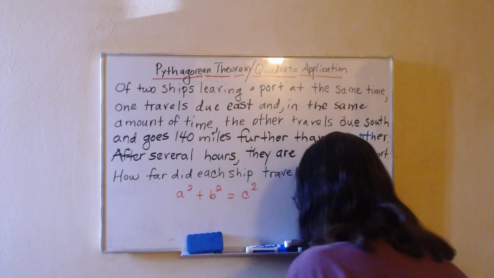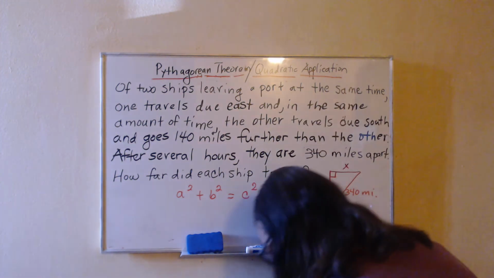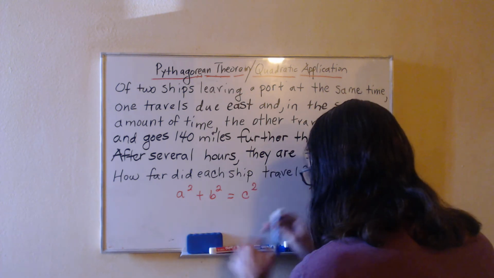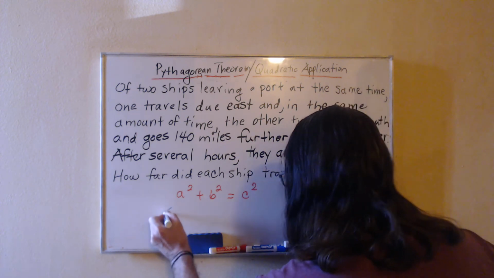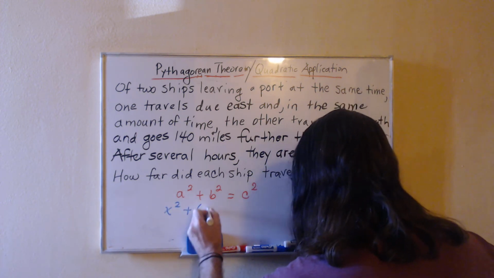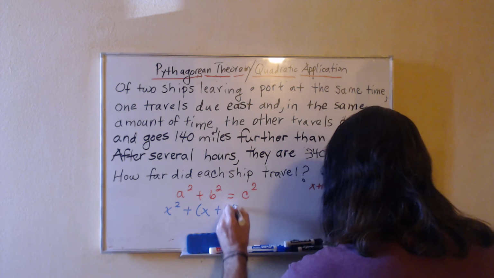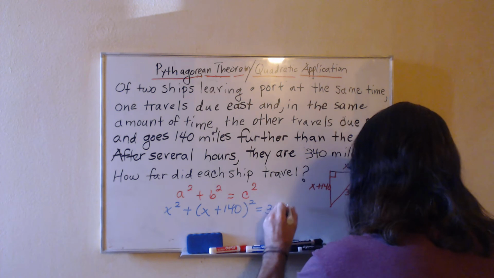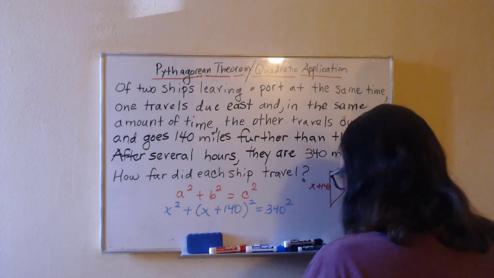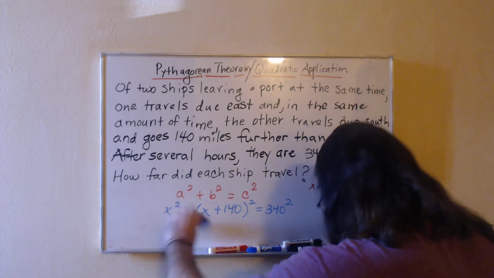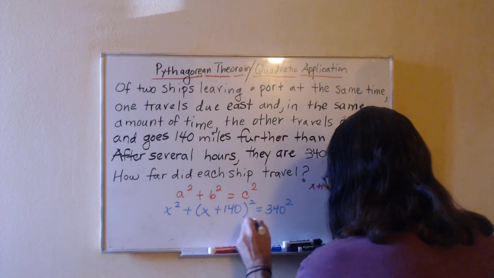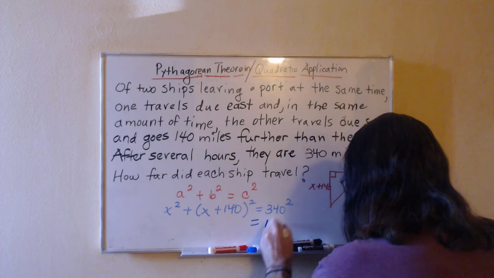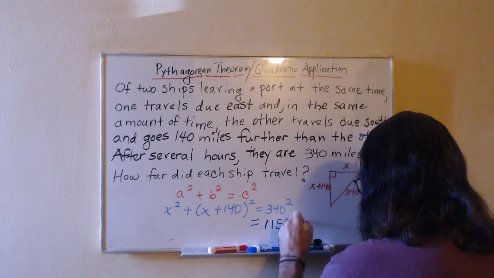So we've got x squared plus the quantity x plus 140, all of that squared, would equal 340 squared. I've already worked out that calculation. We've got on the right hand side 115,600.